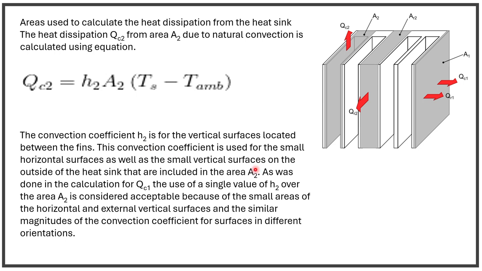This convection coefficient is used for small horizontal areas as well, so this will cause less error because the area is very small. And this is how we have calculated the heat transfer through the side surface and the top surface, Qc1 and Qc2, for the convection.